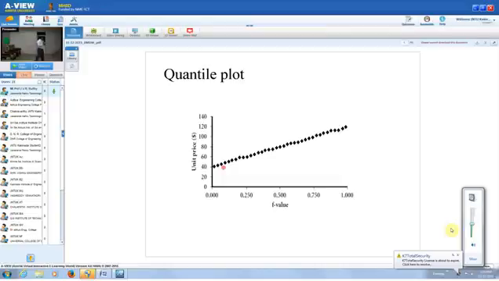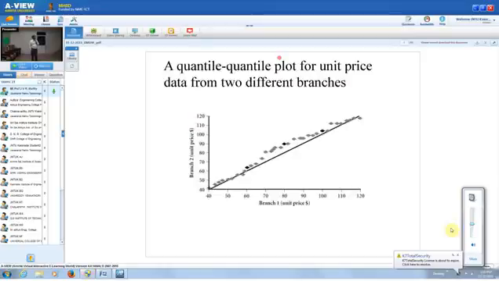Then what is your QQ plot? The next. See here you have one box plot, one quantile plot of one store. Let us say you have a quantile plot of another store. Now you want to compare both the branch prices. That means the previous one is your quantiles of one particular branch for pricing.